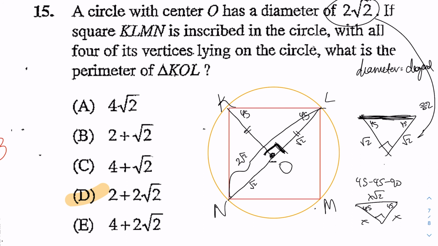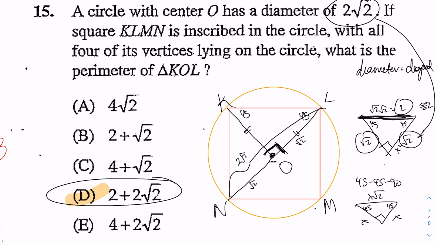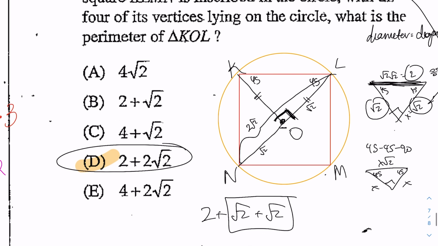So then x is equal to root 2. So then here, root 2 times root 2 is equal to 2. So the perimeter will be 2 plus root 2 plus root 2, or choice D, 2 plus 2 root 2. Because root 2 plus root 2 becomes, they're like terms, 2 times root 2.